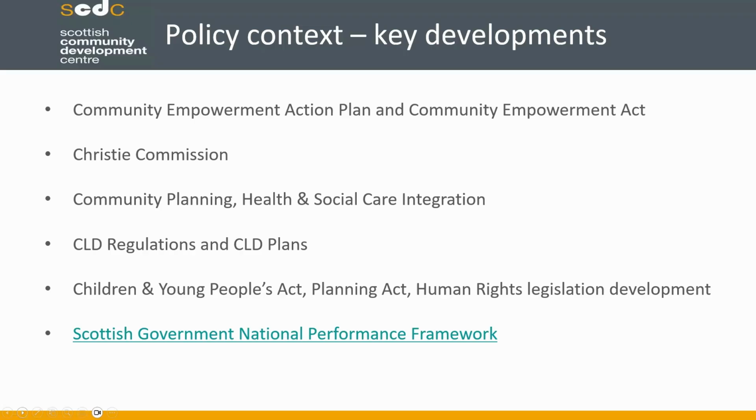So there's lots there about how we get people involved in the things that matter to them. And there's the National Performance Framework for the Scottish Government, which is under review at the moment and will be slightly changing from the current format.